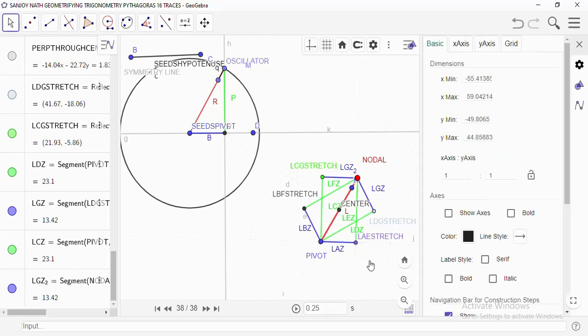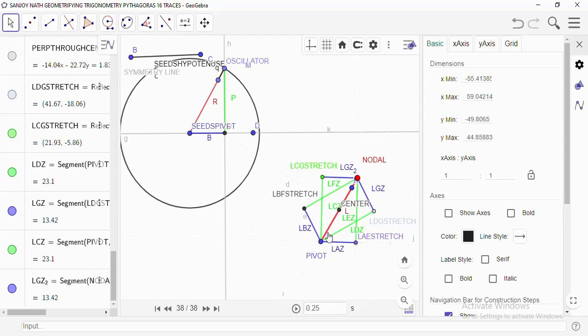Now, from previous videos, we have understood how to construct these arrangements for every different symmetry. Here is one symmetry, here is another symmetry, here is another symmetry for the cos theta sin theta combination, here is another symmetry. So 4 symmetries are constructed for a single seed angle theta.